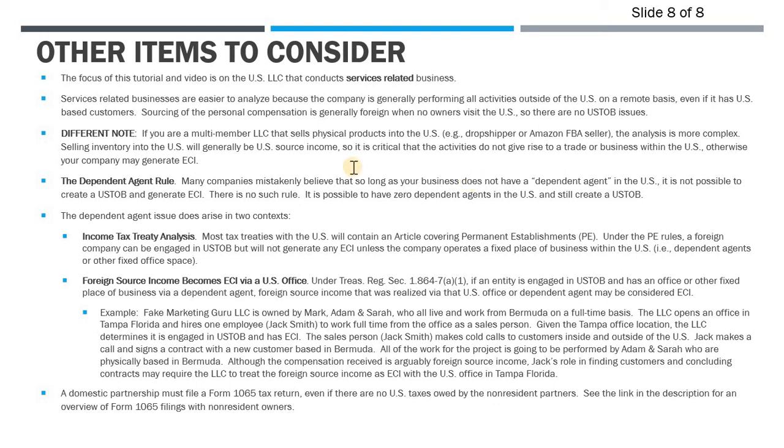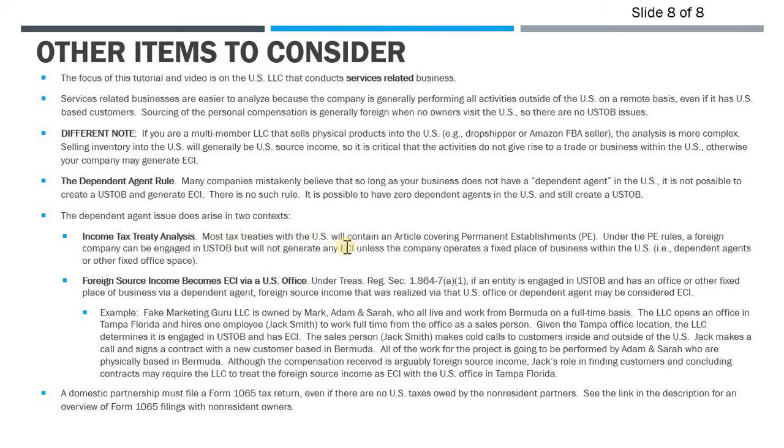So where does the dependent agent context arise? It's these two pieces here: the income tax treaty analysis and, as highlighted briefly on the last slide, when foreign source income becomes ECI via a U.S. office.